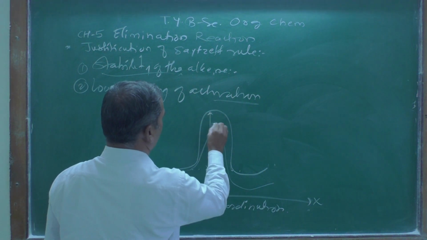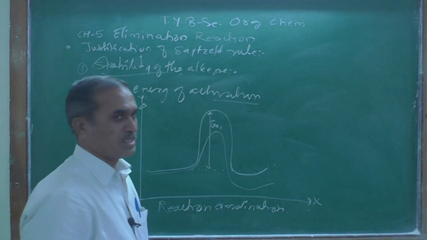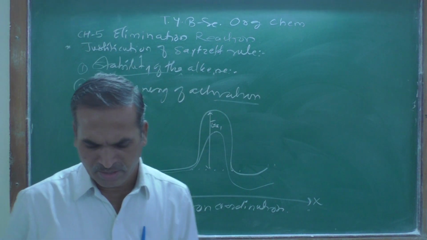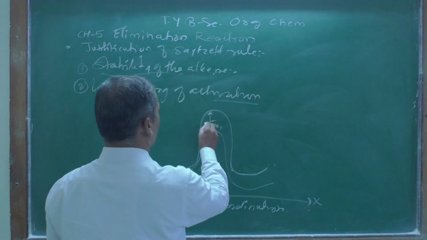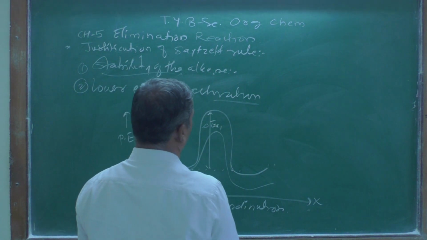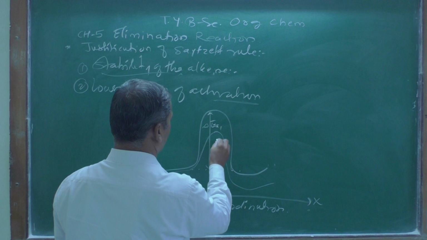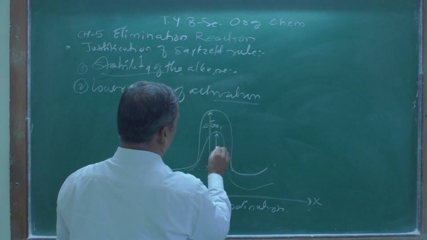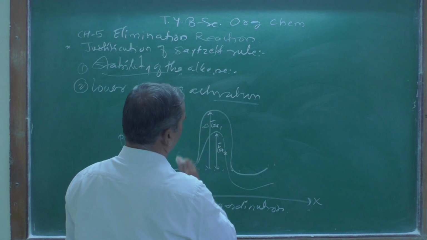This is EA1, you can call it the energy of activation. It is generally shown as delta EA1, the energy of activation, and this is called EA2, the energy of activation.